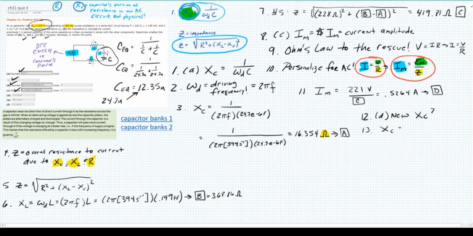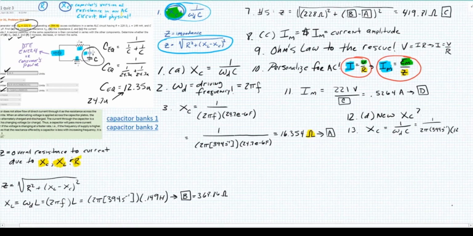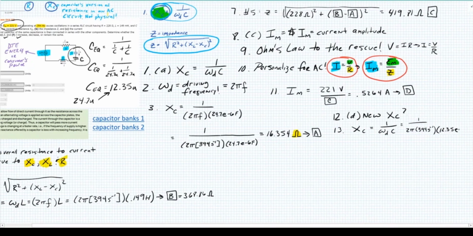X sub C equals 1 over omega D times C, equals 1 over 2 pi times 394 hertz, which is reciprocal seconds, over my new capacitance value, 12.35 e to the minus 6.